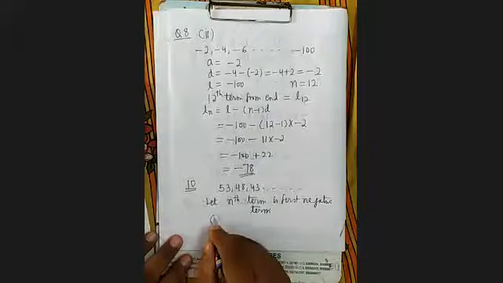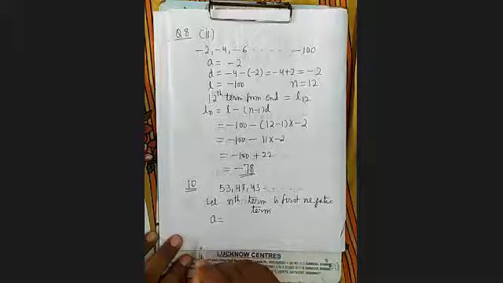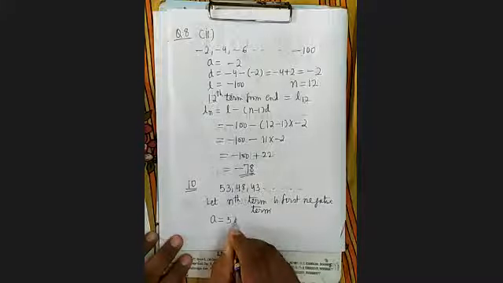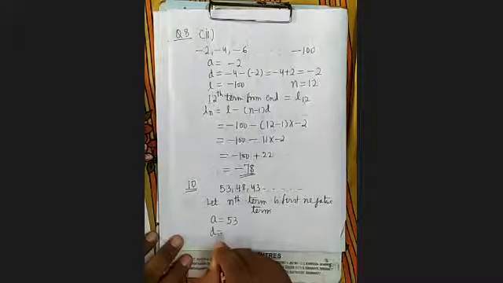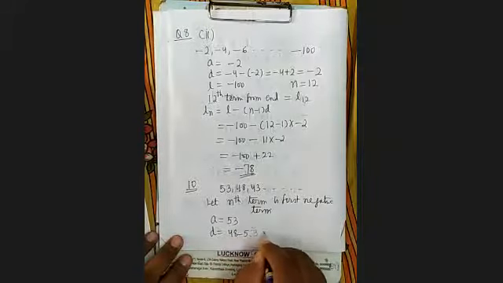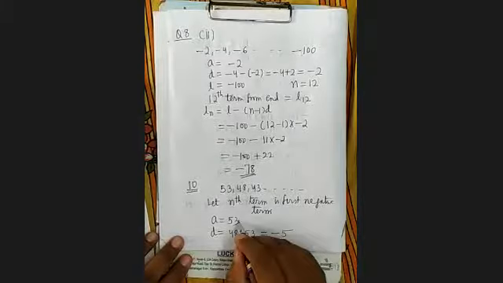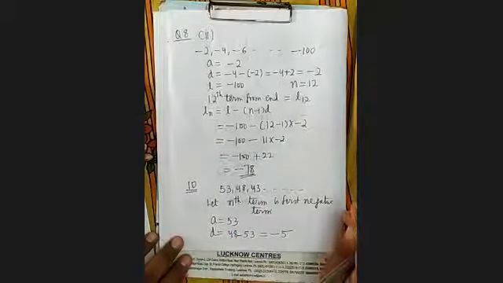What is A here? 53. What is D? 48 minus 53, that is minus 5. A is 53 and D is minus 5.